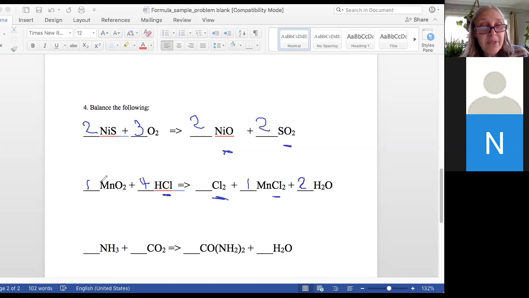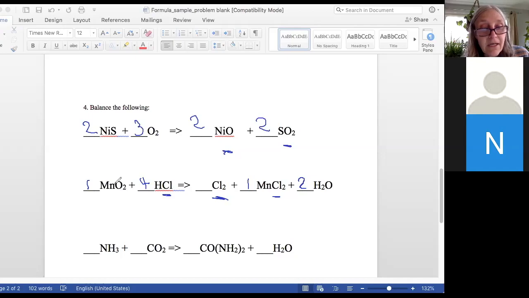It's always good to check because it's easy to make mistakes. So we have here 1 manganese, O2. There's going to be 2 of them. Oh yeah, and then actually, this is not balanced yet. And that's why you do this, because when you go back, sometimes you end up changing things.